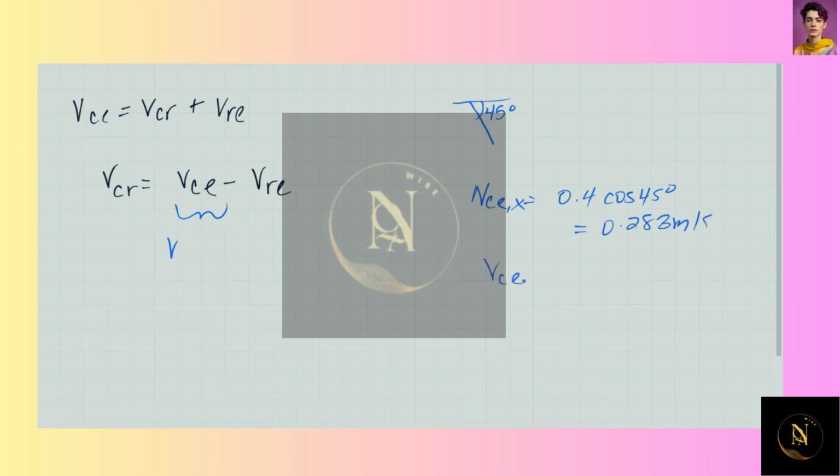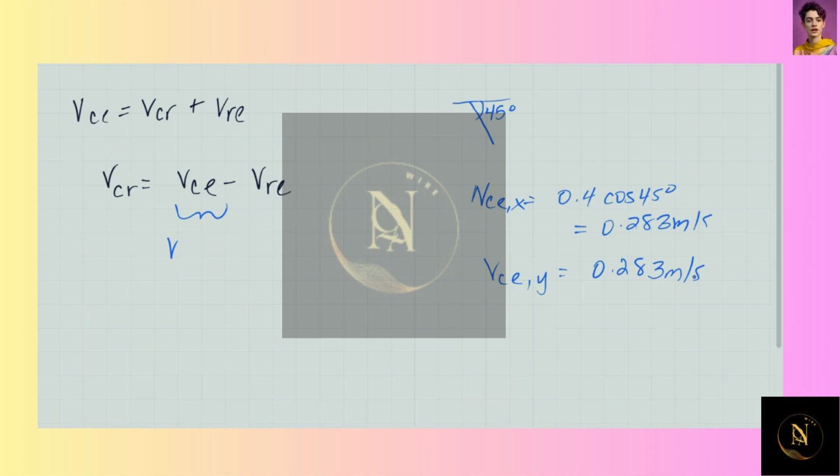And the velocity of the canoe relative to the Earth in the y direction is 0.4 sine of 45 degrees, which is 0.283 meters per second.